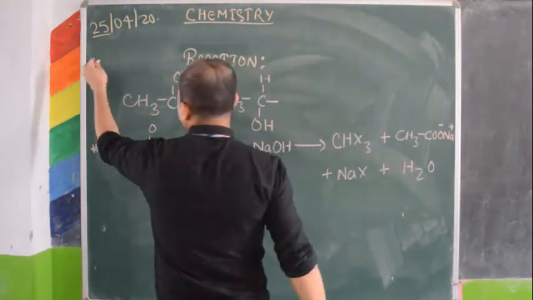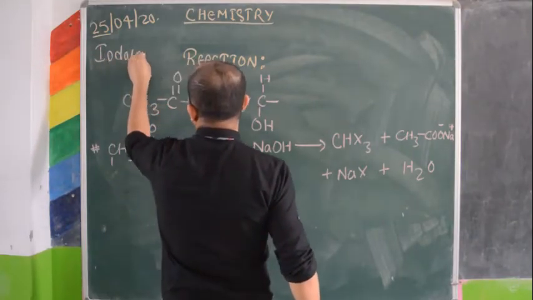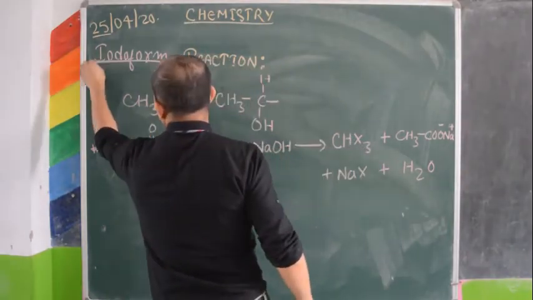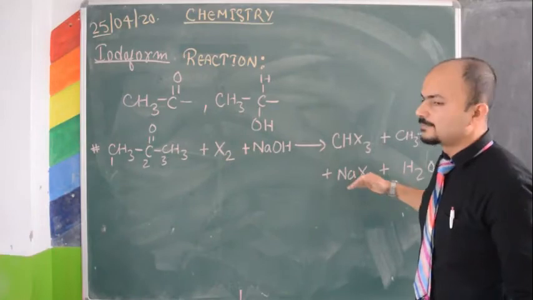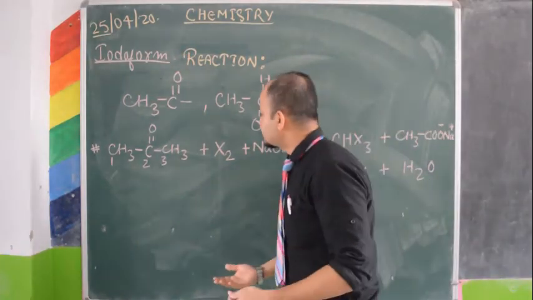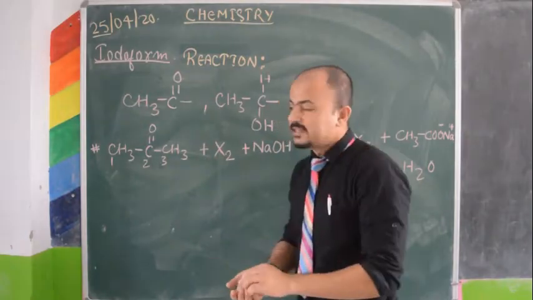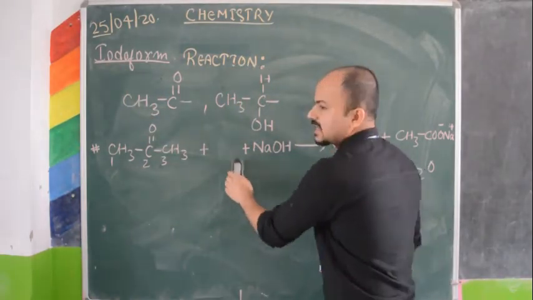Okay? So, the iodoform reaction. In the iodoform reaction, the reaction is exactly the same. The difference here is in this X2 group. Since it is iodo now, this X2 has to be iodine.